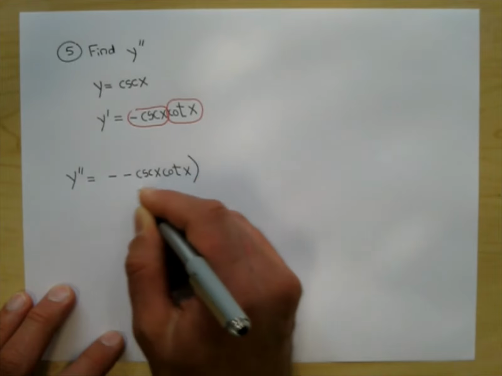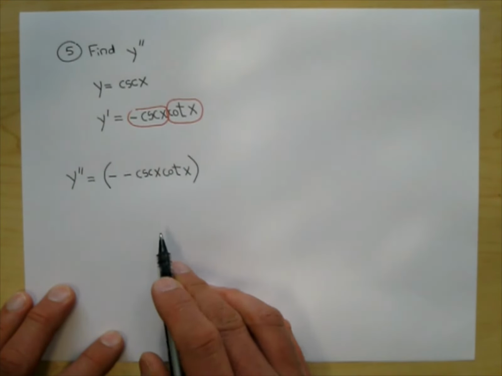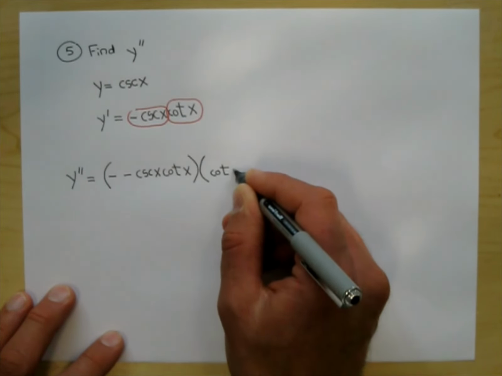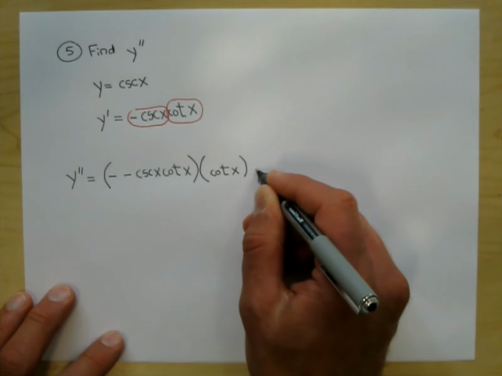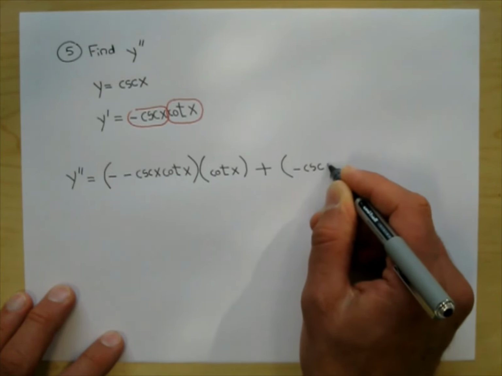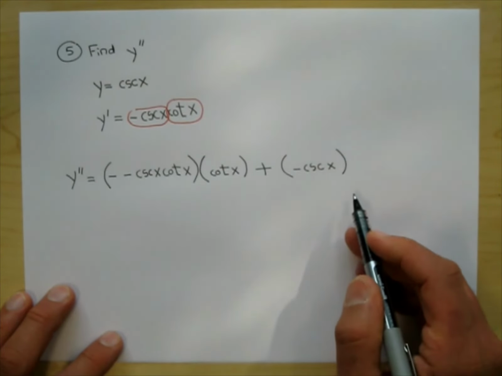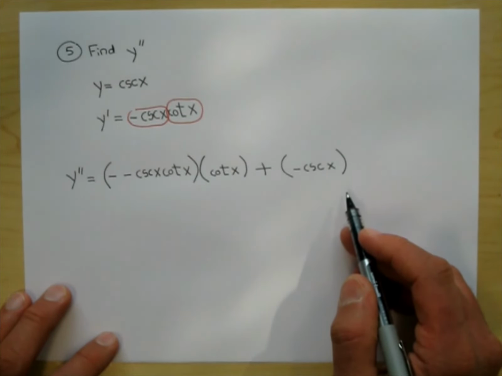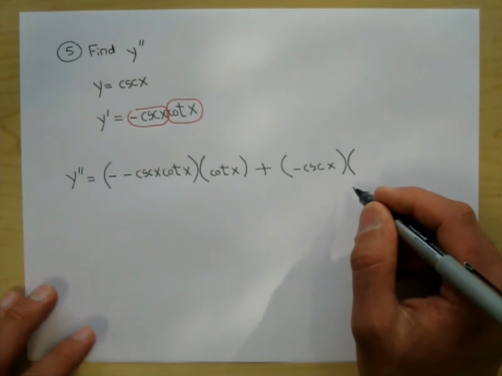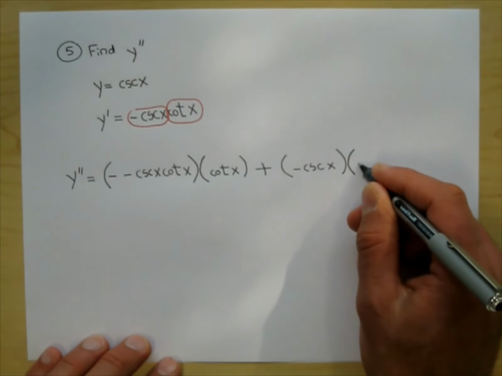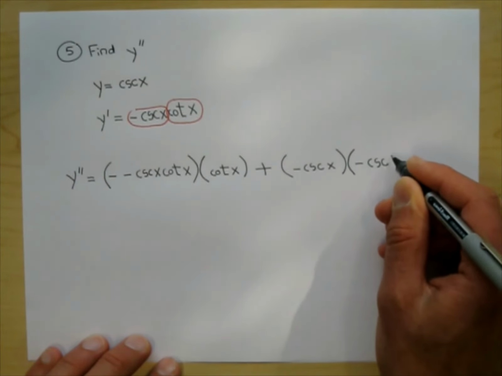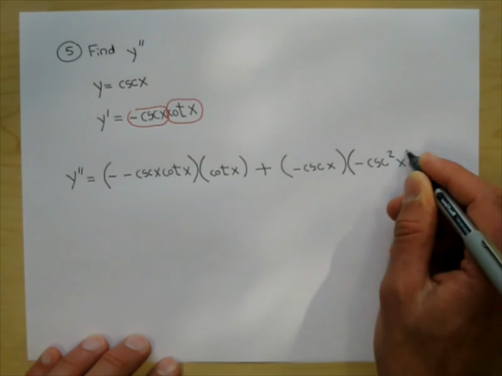Okay, so there's the derivative of the first, times the second, plus the first, times the derivative of the second. Now the derivative of the cotangent, we wrote that down. This is a shortcut. It's going to be negative because it starts with a C, and then we have cosecant squared x.